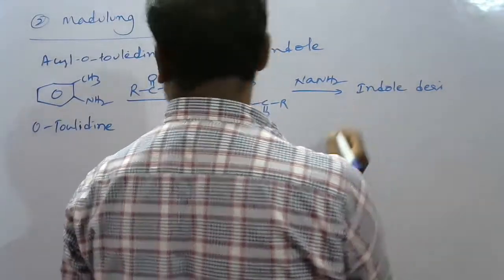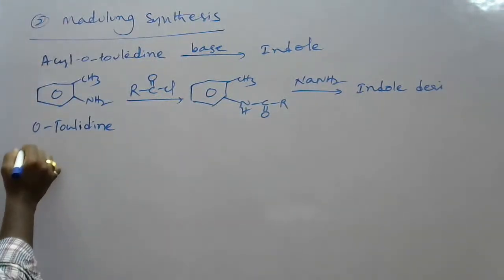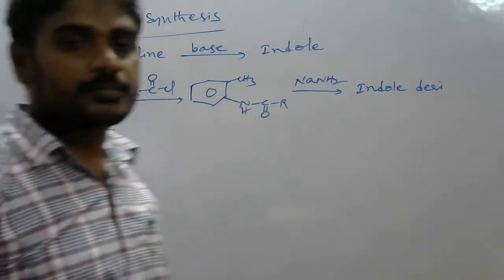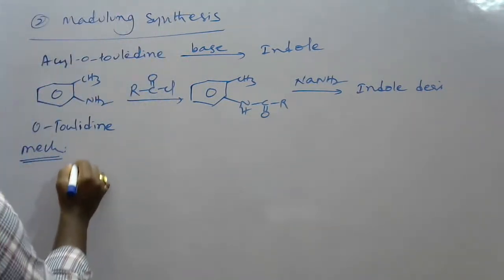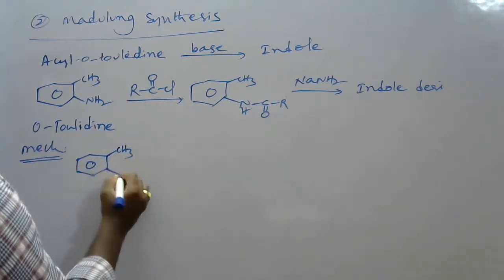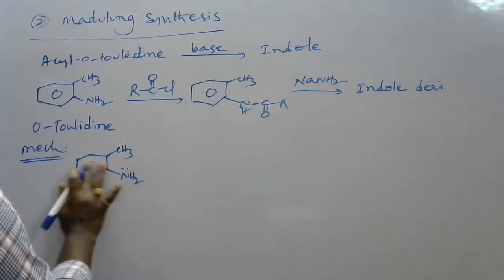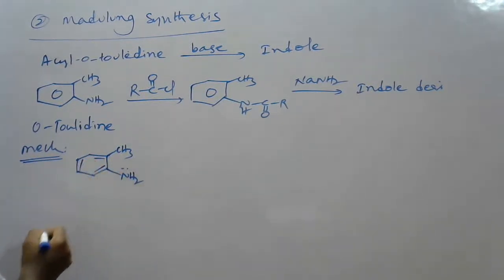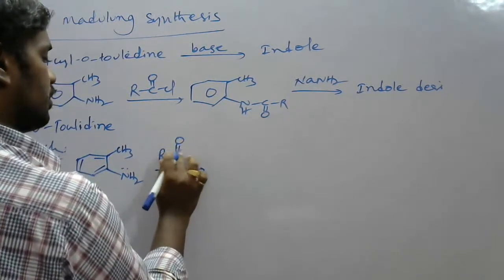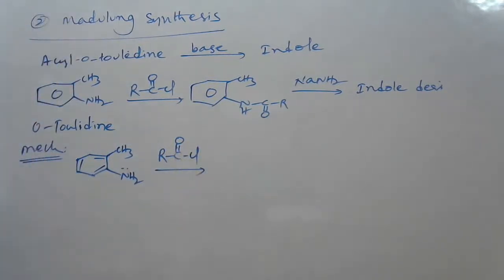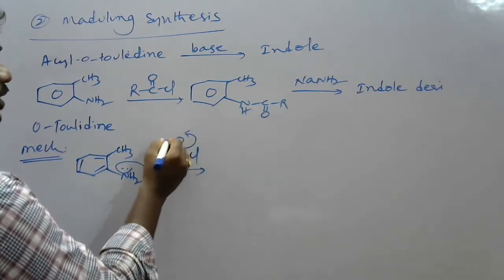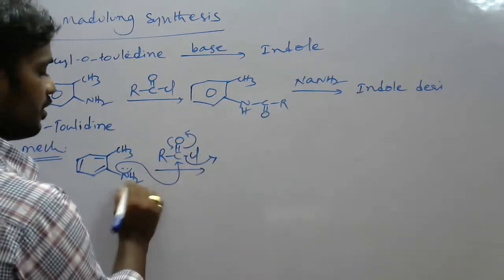Now see the mechanism of this reaction. This is ortho-toluidine, CH3, NH2. This is treated with the acid chloride. So what happened? This attacks here, the bonding electrons shift, and there is loss of Cl.